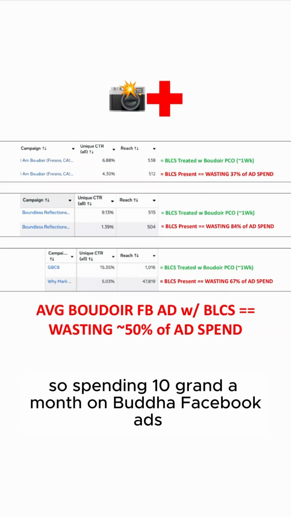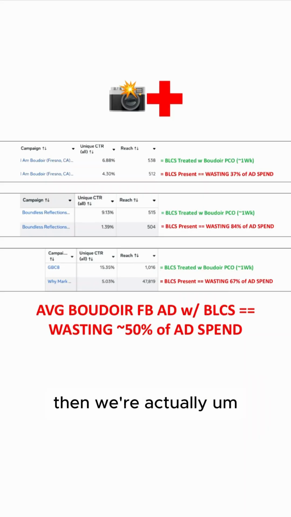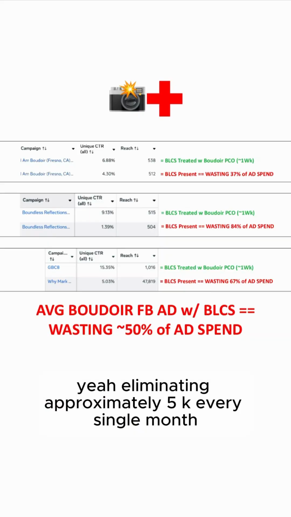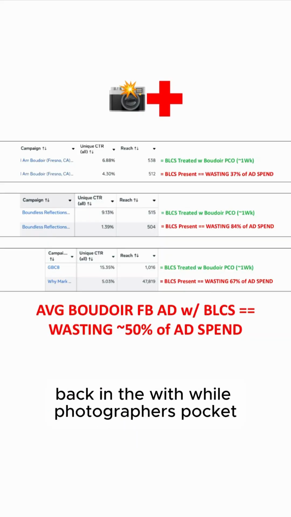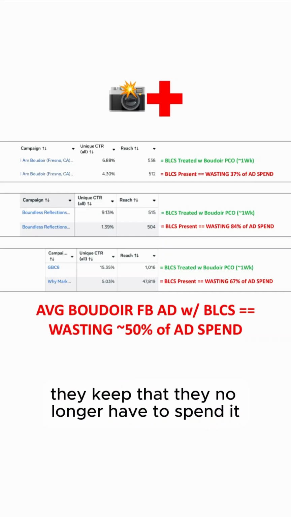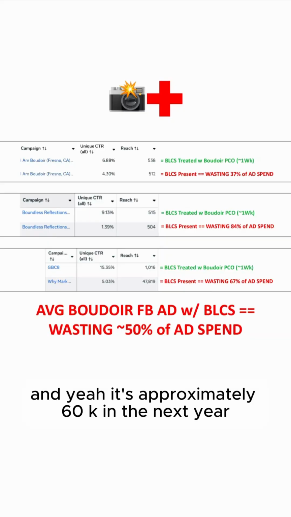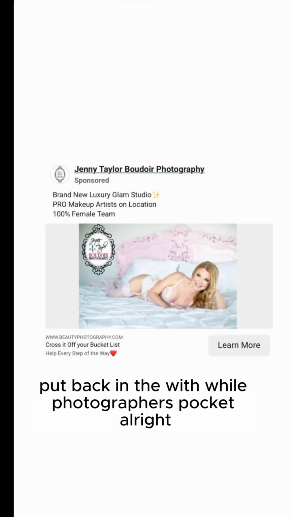So spending 10 grand a month on Boudoir Facebook ads, we're actually eliminating approximately 5K every single month back in the Boudoir photographer's pocket. They keep that, they no longer have to spend it. And it's approximately 60K in the next year in the photographer's pocket.